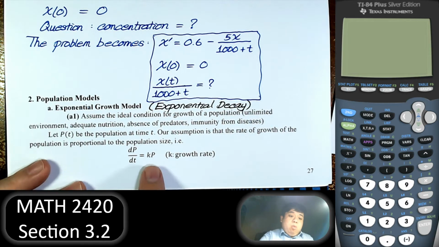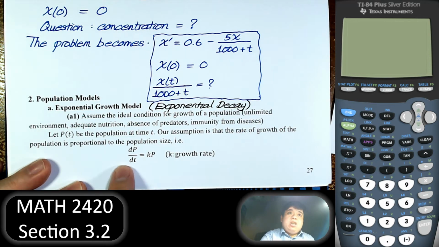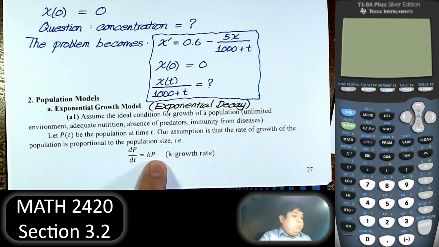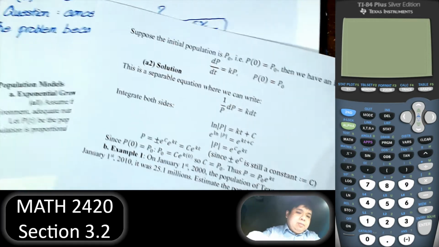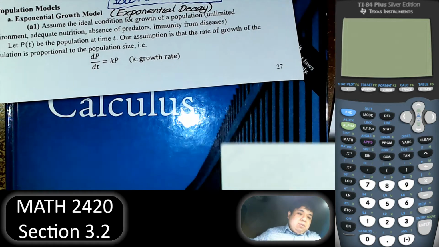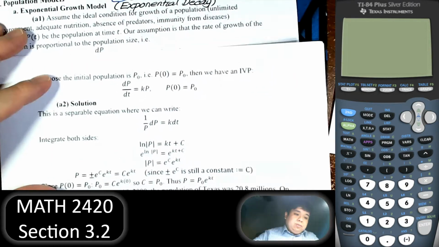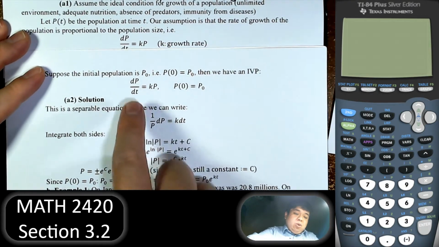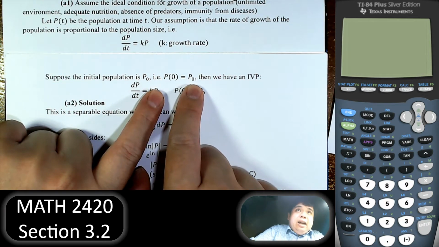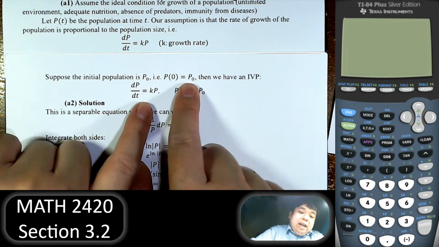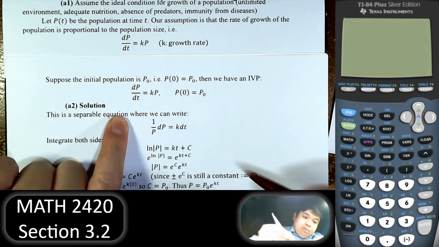It is proportional to the population size. So we have the constant times the population P. Right. And suppose that initially the population is P naught, then we have the initial value problem.